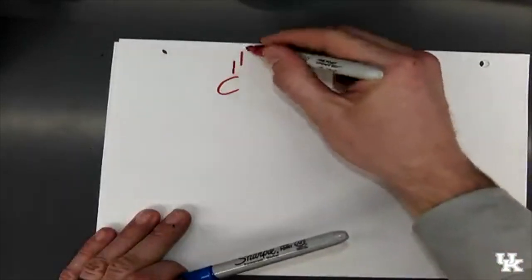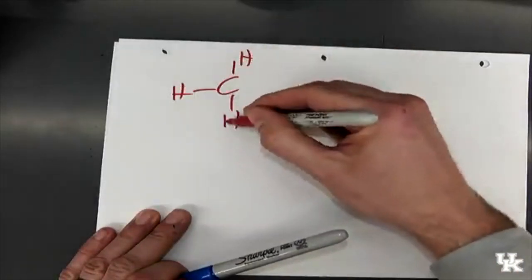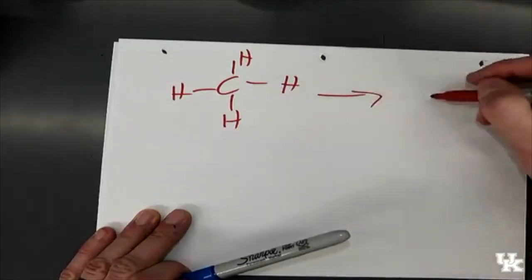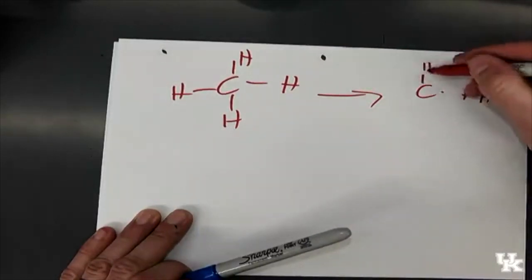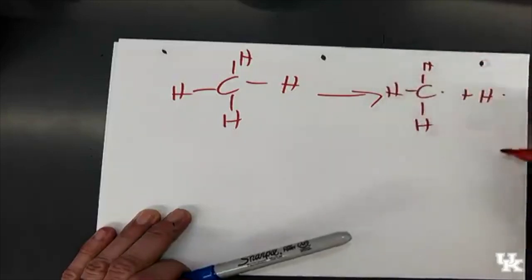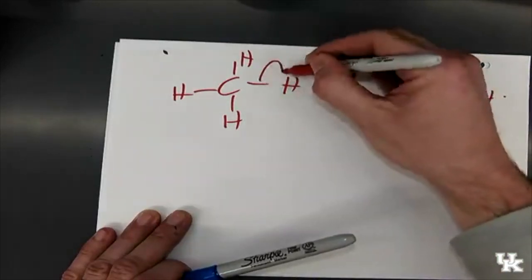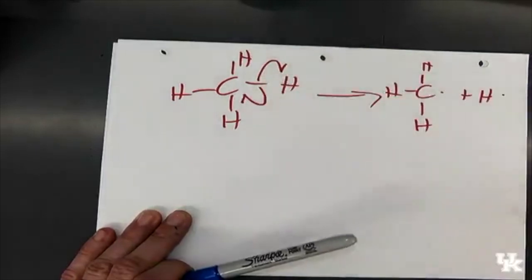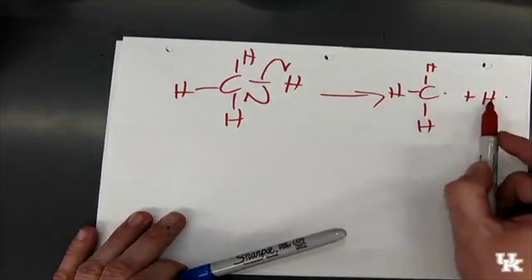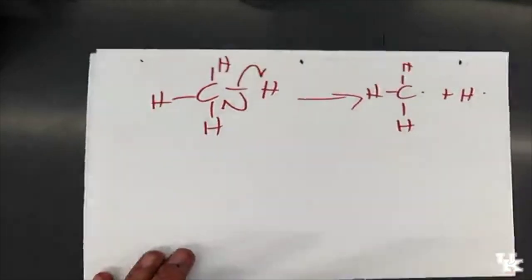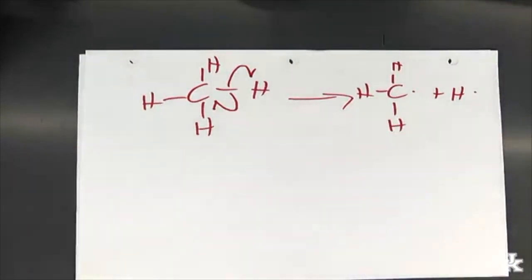If you instead have the reaction where 2 single barbed arrows yield a neutral CH3 radical and an H radical, this is called heterolytic cleavage because one electron ends up on both atoms.